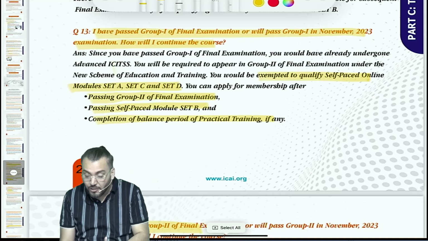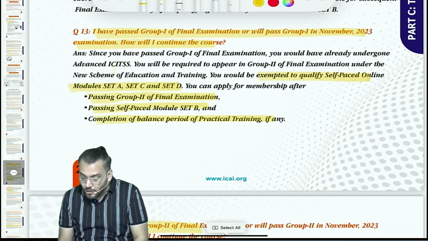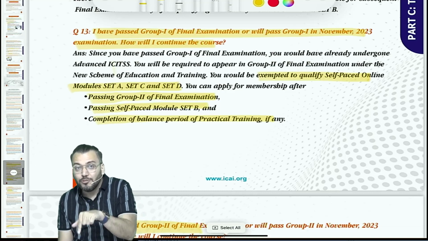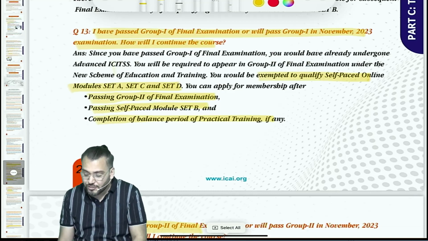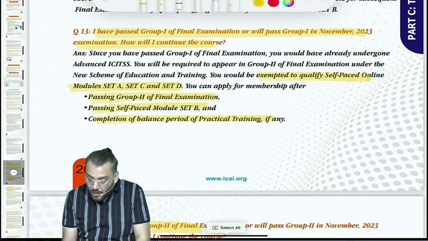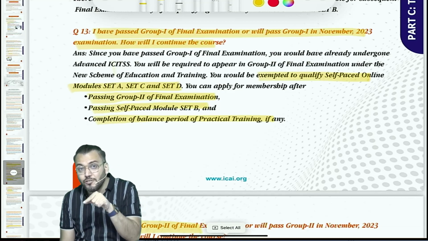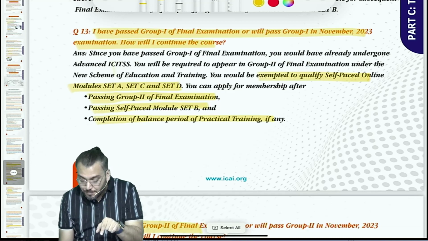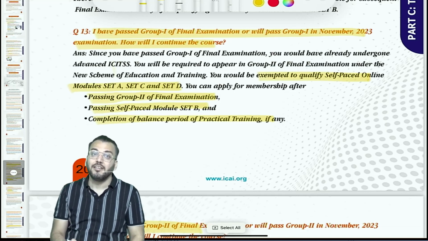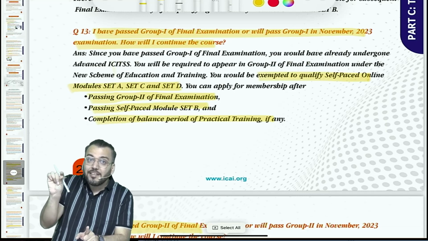So set A, set C and set D will be exempted. You can apply for membership only after passing group 2 under the new scheme, passing self-paced module set B, the costing paper, and completing the balance period of practical training.